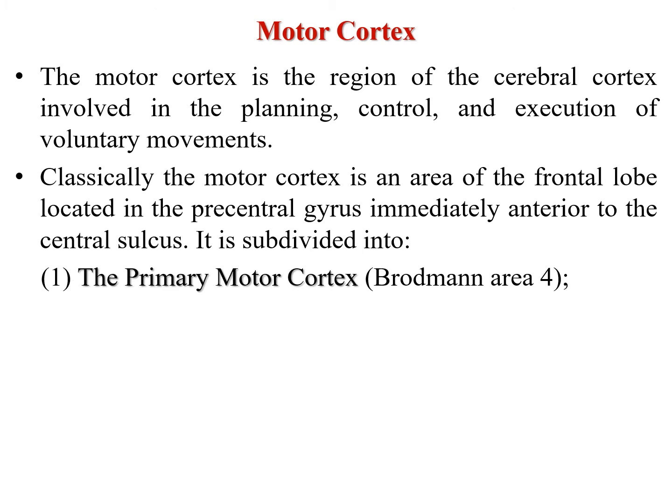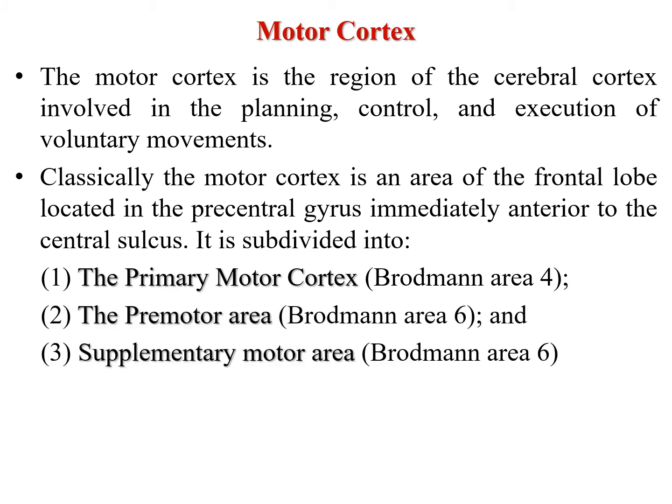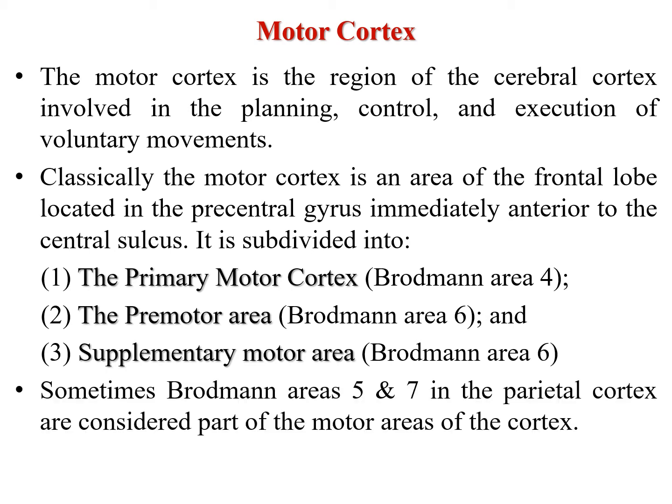It is again subdivided into three areas, namely the primary motor cortex, which corresponds to Brodmann area 4, the premotor area and supplementary motor area. These two together comprise the Brodmann area 6. Additionally, Brodmann areas 5 and 7 in the parietal cortex are considered part of the motor areas of the cortex.